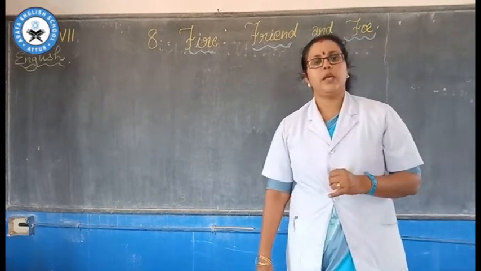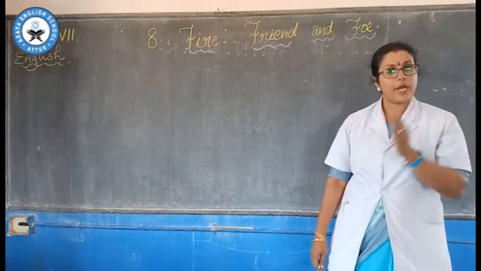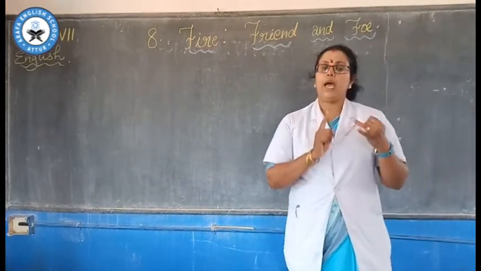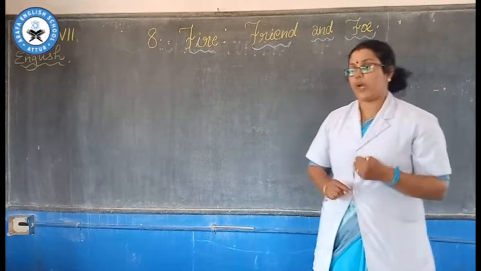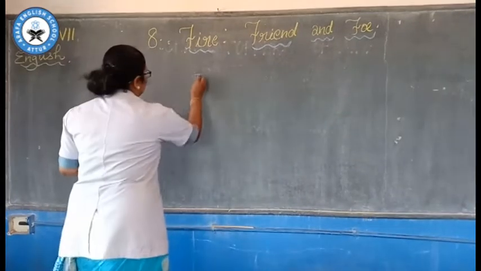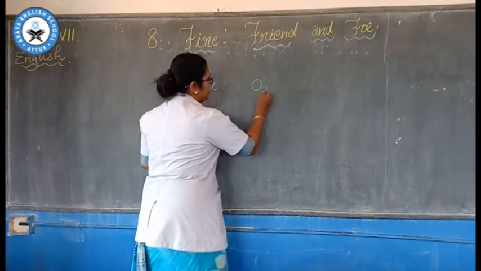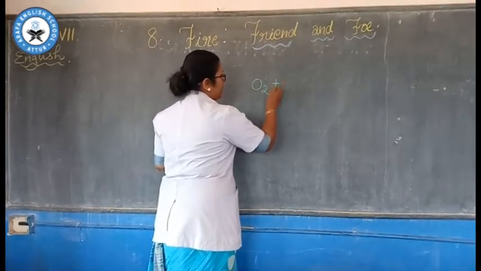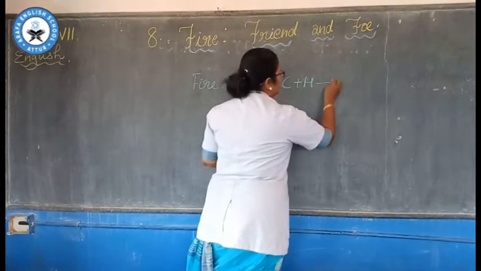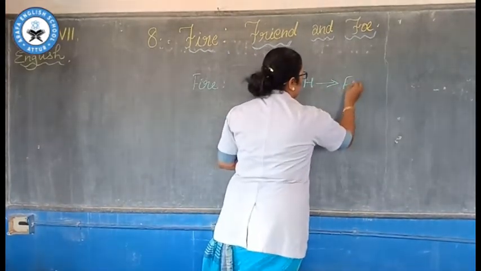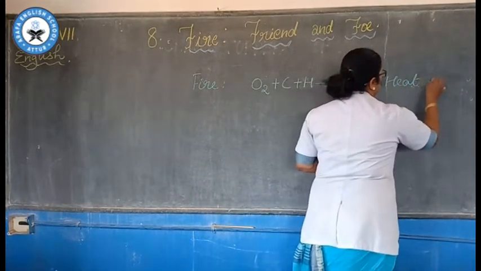Fire is made when oxygen in the air combines with the carbon and hydrogen present in the fuel. So how is fire made? Fire is made when oxygen in the air combines with carbon and hydrogen, resulting in producing fire with heat and light.